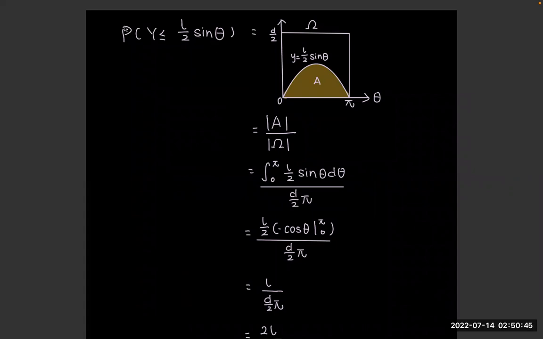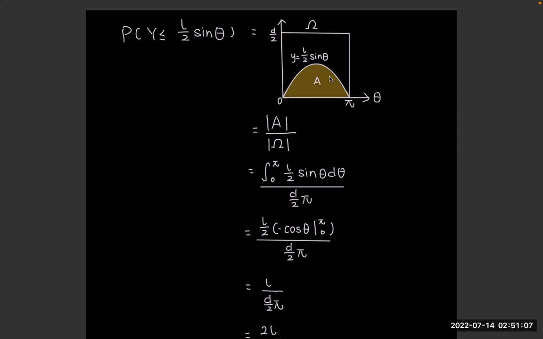Therefore, we only need to compute the probability that y is less than or equal to L over 2 sine theta, where theta is uniform from 0 to pi, and y is uniform from 0 to d over 2, and y and theta are independent. So y and theta are uniform within this rectangle.